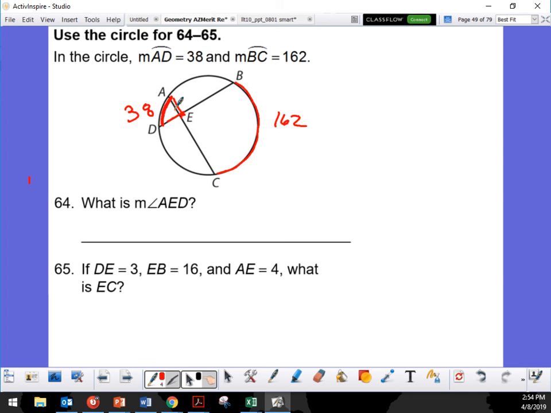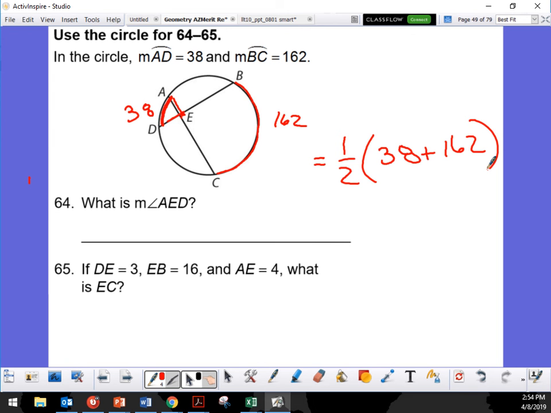All right, this one, if it's crossing on the inside, it's going to be one half big plus small. So if it's crossing on the inside, it's a plus sign.